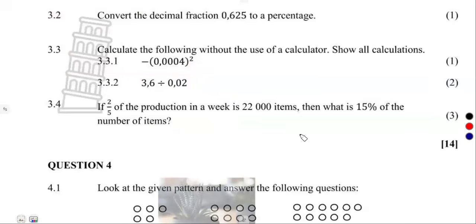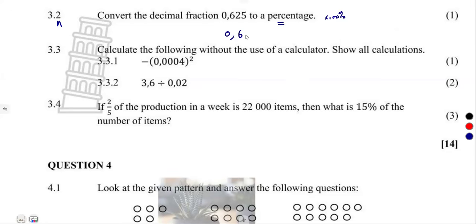Let us consider another part, 3.2. We are being given to convert the decimal fraction, this one, to a percentage. Whether it is a common fraction, a decimal fraction, any type of fraction, as long as you're asked for a percentage, simply multiply by 100%.